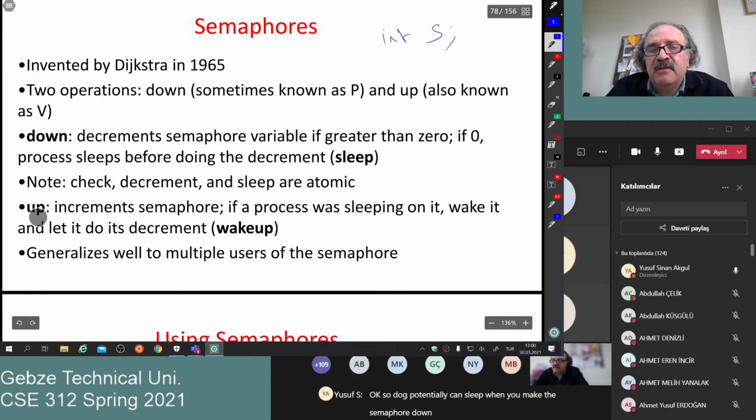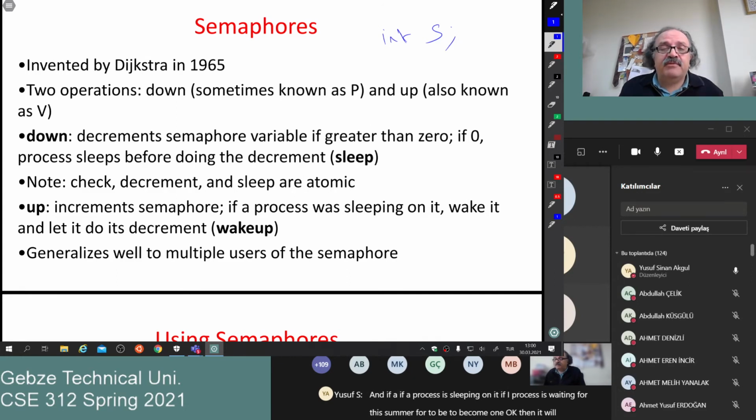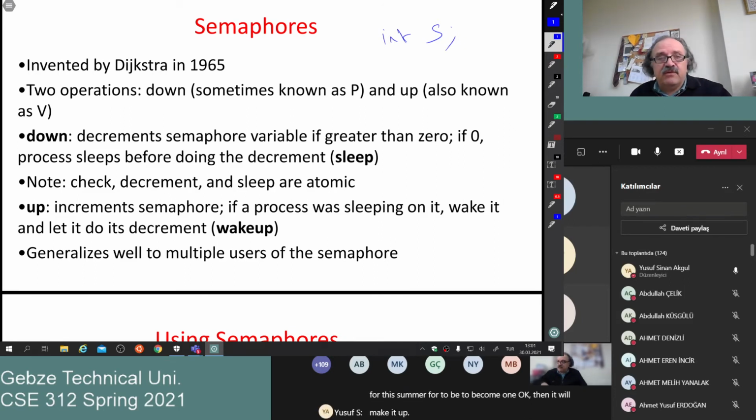Up is doing just the opposite. It just increments the semaphore. And if a process is sleeping on it, if a process is waiting for this semaphore to become 1, then it will wake it up.